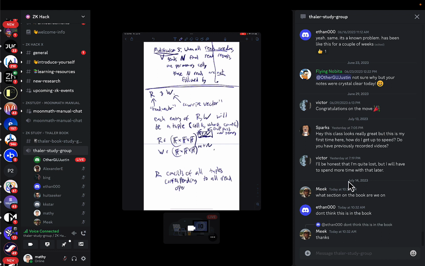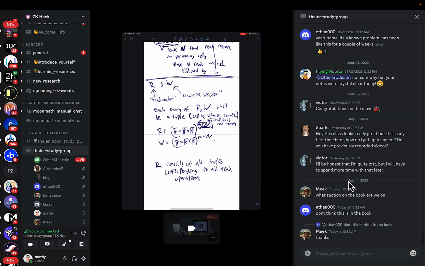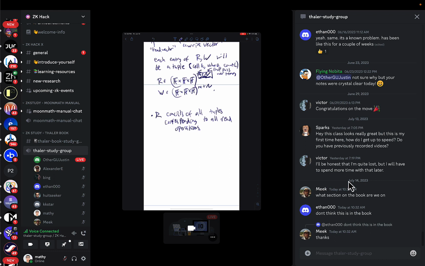Does anyone want to ask a question about that definition? Okay. W consists of the same thing, corresponding to all write operations. That might be a little confusing, so let me explain. The first n entries of W, W1 to Wn, are the tuples initializing memory.